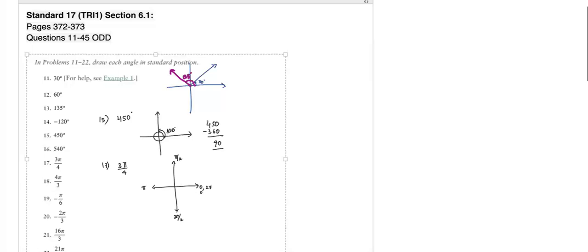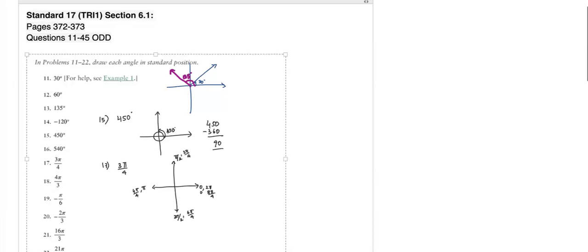But pi over 2 can be written as 2 pi over 4. Pi can be written as 4 pi over 4. 3 pi over 2 can be written as 6 pi over 4. And 2 pi can be written as 8 pi over 4.